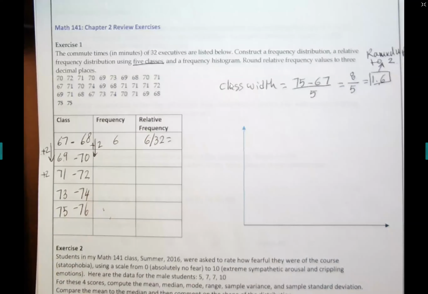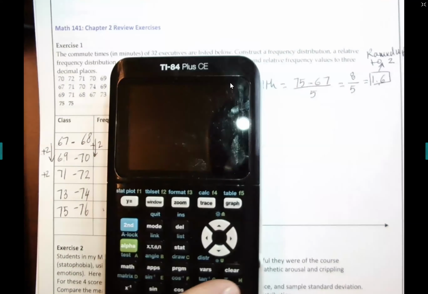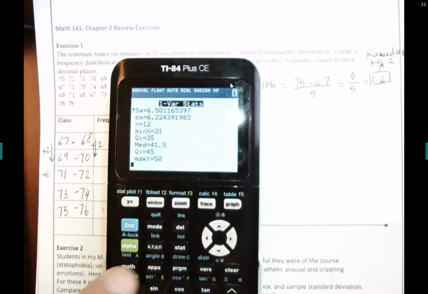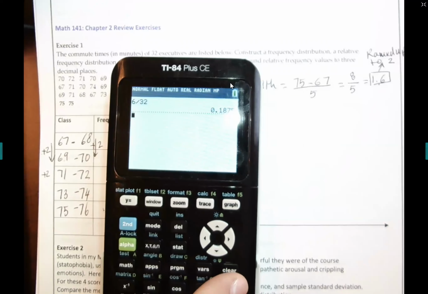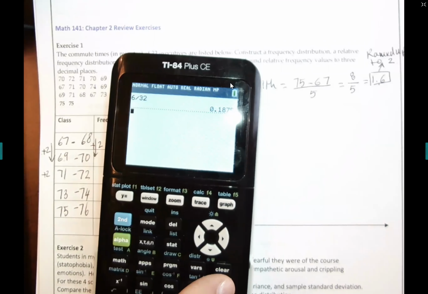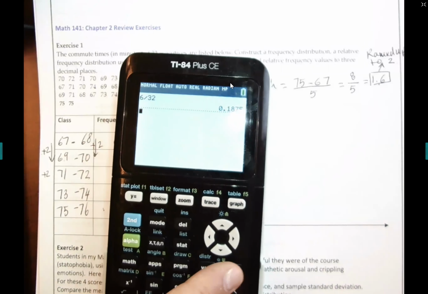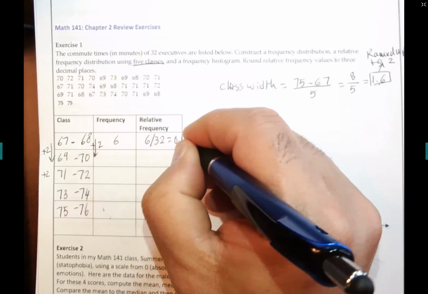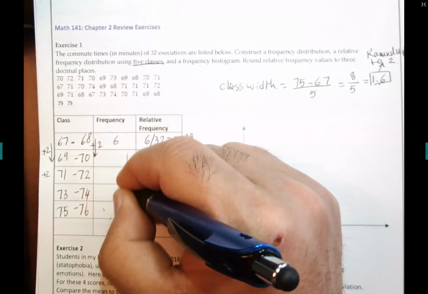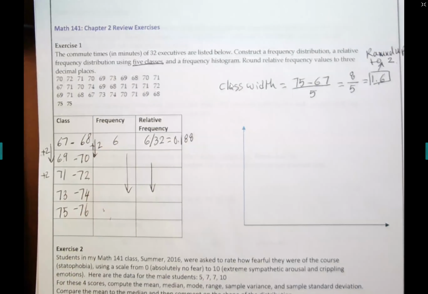And if I do 6 divided by 32, 0.1875. In my math lab, he says use 3 digits, so it will be 0.188. And so on and so forth. You just do the rest.